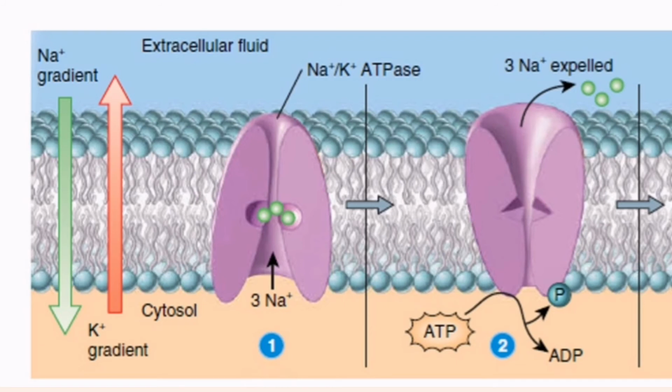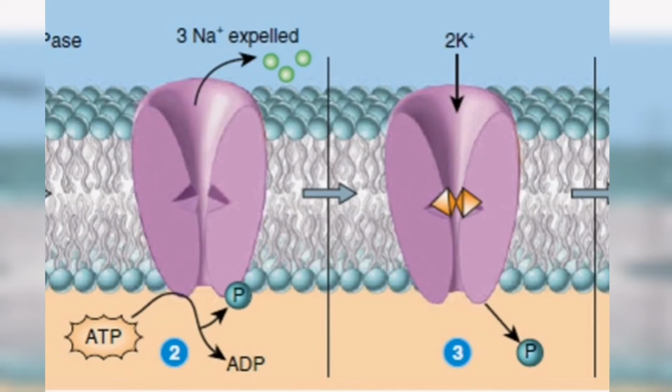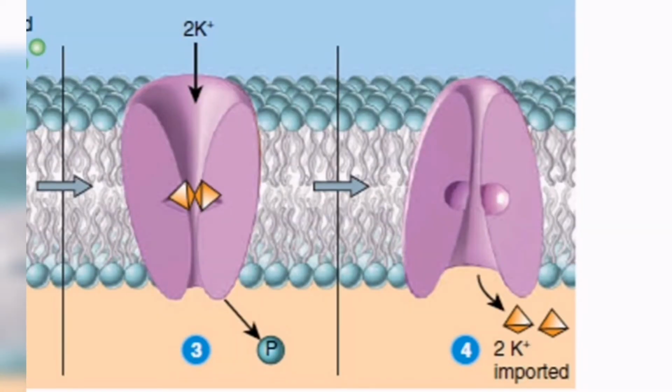phosphate group. So, the energy formed from this splitting of ATP causes the protein to change shape. The change in shape is clearly visible in this picture, in this violet colored region. And this change in shape helps the movement of sodium to the outside. Thus, the sodium ions are expelled out. And then the potassium ions land on the outside surface of the pump and cause the phosphate group to be released.